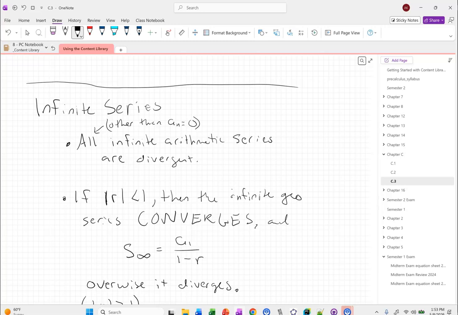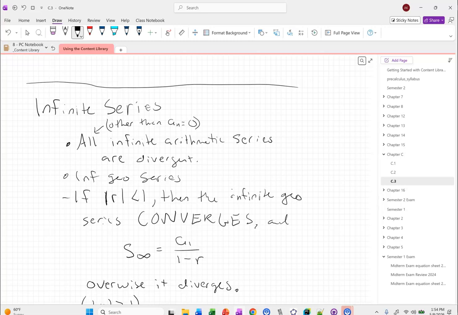Now, for infinite geometric series, if the absolute value of r is less than 1, then that infinite geometric series converges, and the sum we can calculate is the first term divided by 1 minus r.